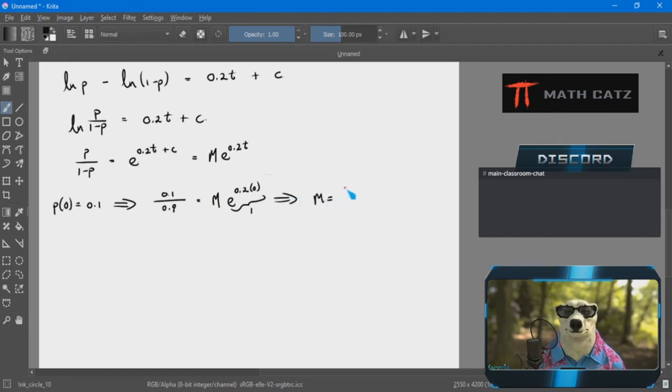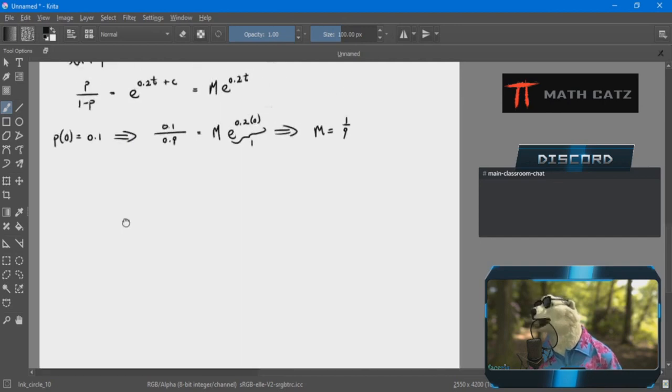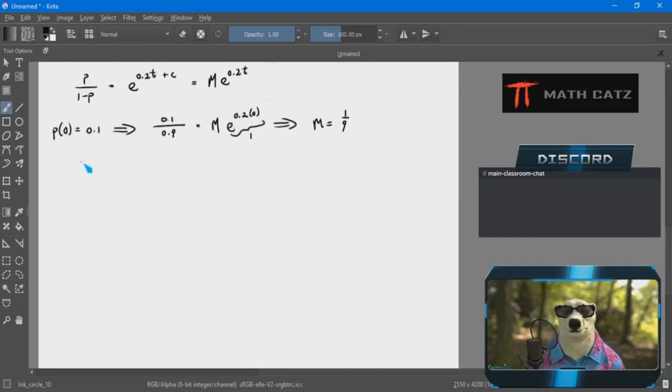So m is, I can simplify it to 1 over 9, unfortunately a repeating decimal, so I will leave it in this fraction form. Okay, so now let's go back here. So I can now put in my integration constant as 1 over 9. Unfortunate little fraction there. Yeah, just have to deal with it.